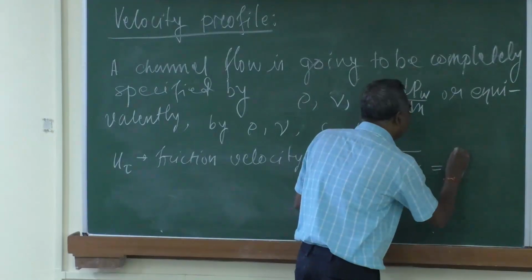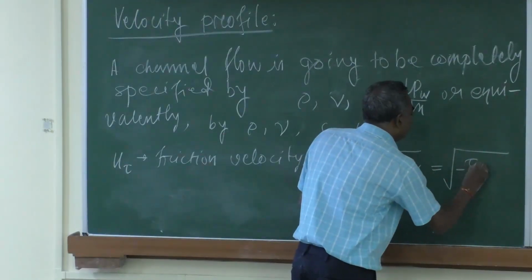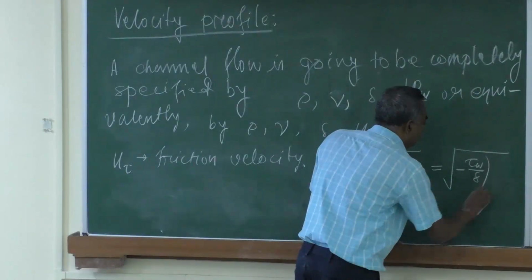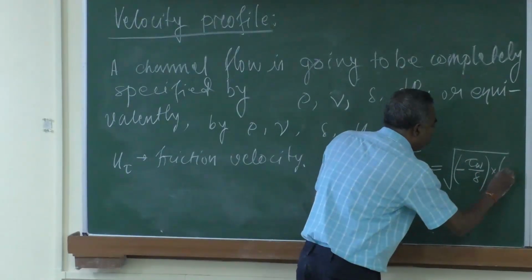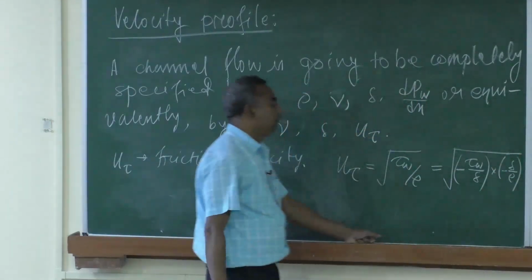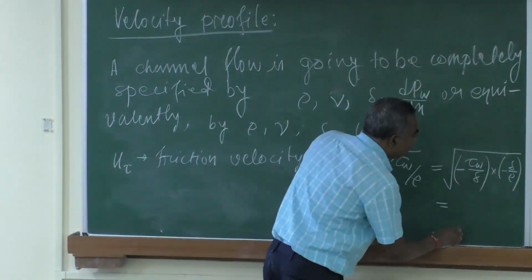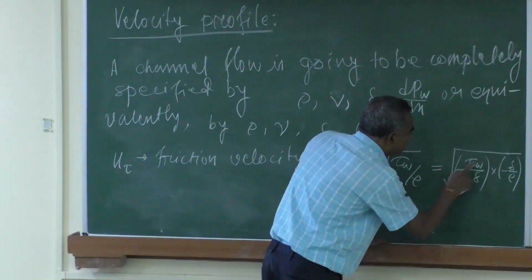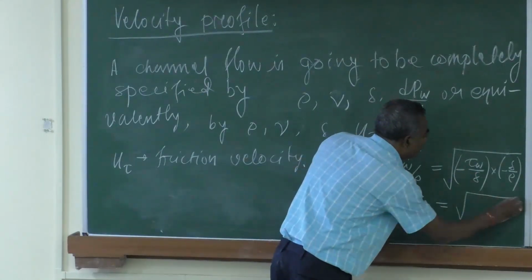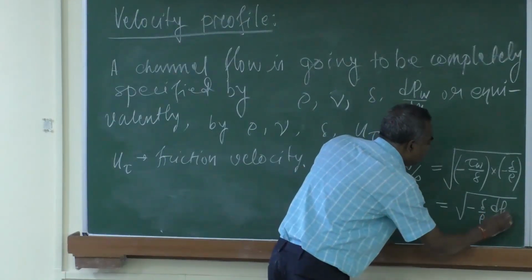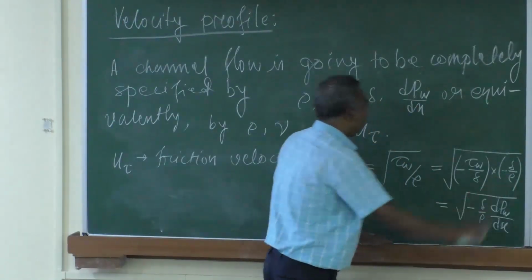We can write minus tau w by delta as minus delta by rho dp w by dx.